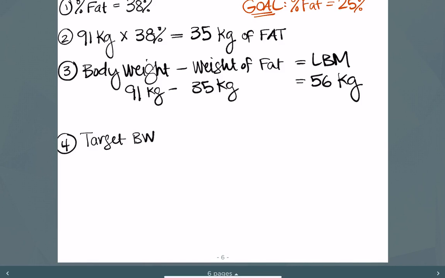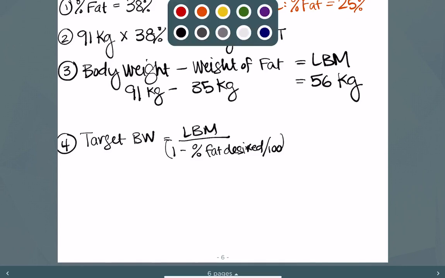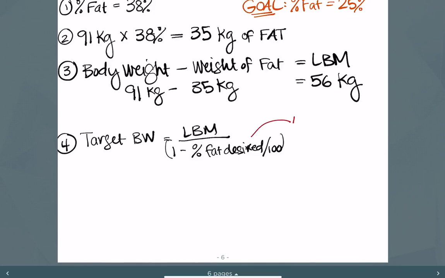Target body weight is your lean body mass divided by 1 minus your percent fat desired. That's the goal. Desired, can't spell it. Divided by 100. Now, the reason this little bottom section might look funny to you if you haven't done these before is 1 minus percent fat desired.